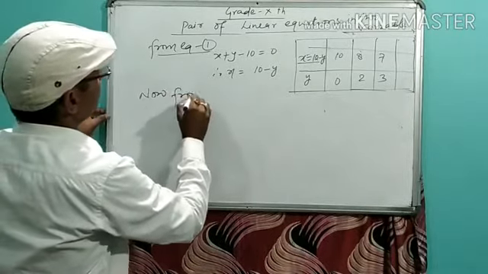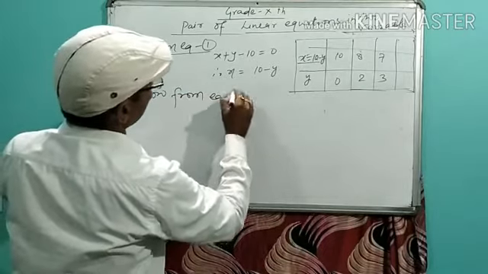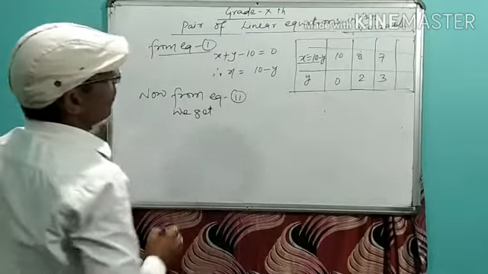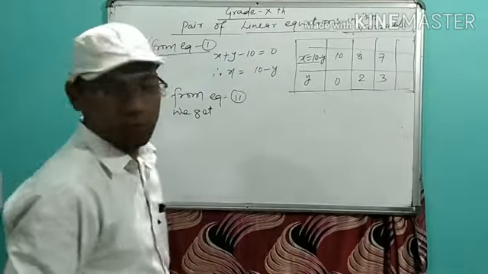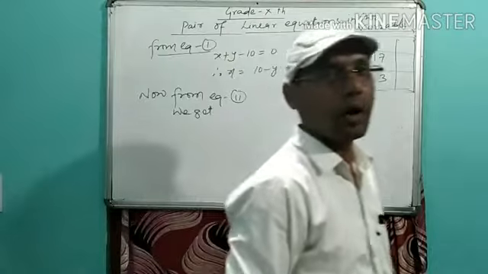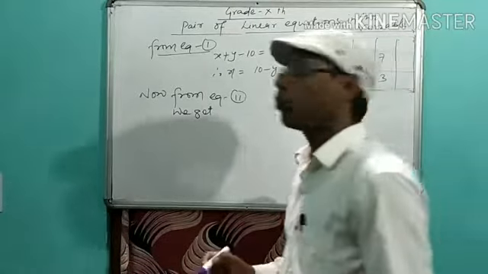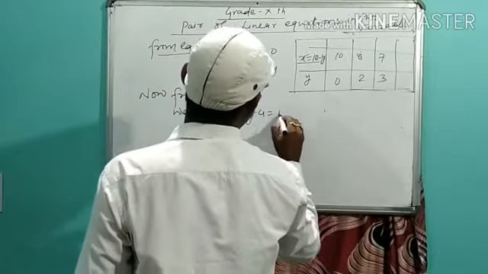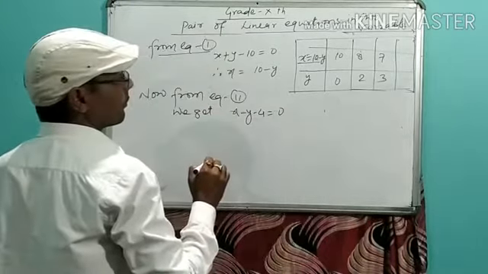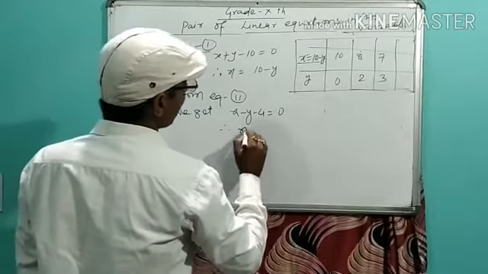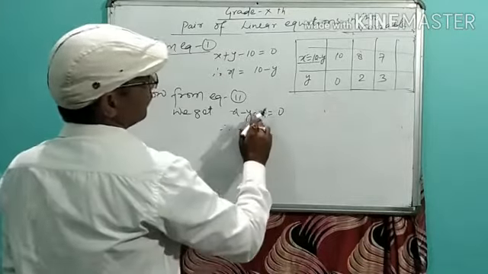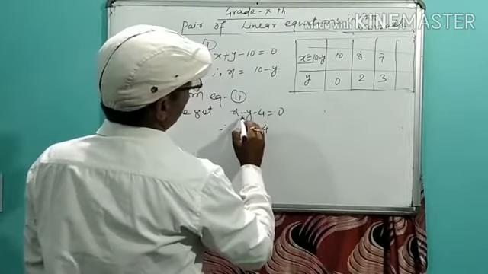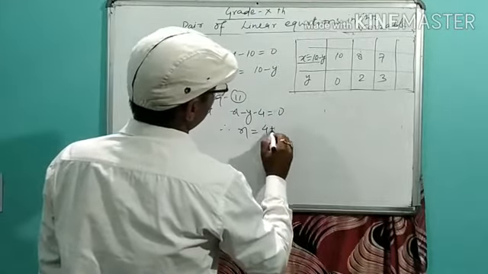Now from equation 2 we get, what was the equation? x minus y minus 4 is equal to 0. Therefore x is equal to 4 plus y, since y will be positive and 4 also positive.